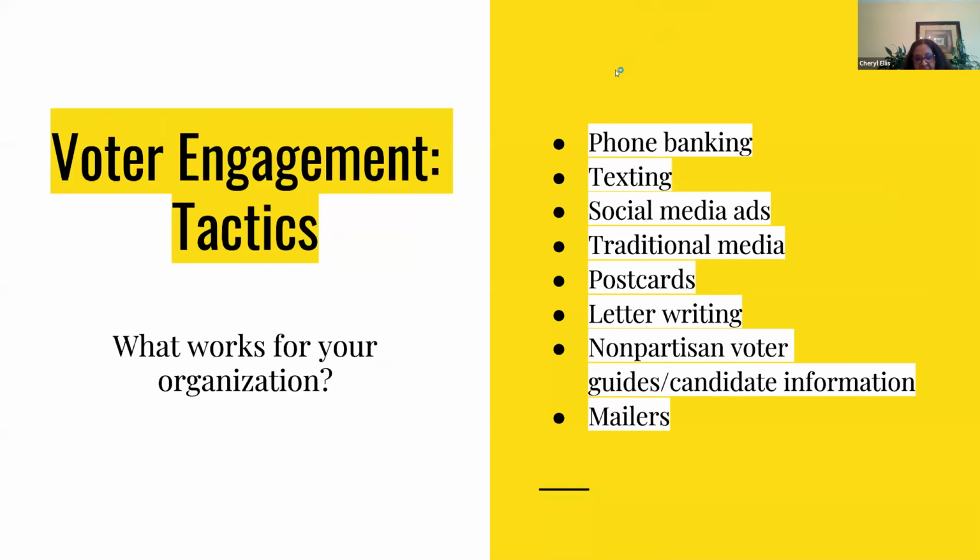So some of the ways that we're going to be following up, and we call these our voter engagement tactics: phone banking, texting, social media ads, traditional media, postcards, letter writing, and most definitely those nonpartisan voter guides and candidate information and mailers. And I do want to stress, when we're dealing with voters who don't participate as often, a couple of things that we've heard from them is that they don't necessarily trust partisan resources or candidates.